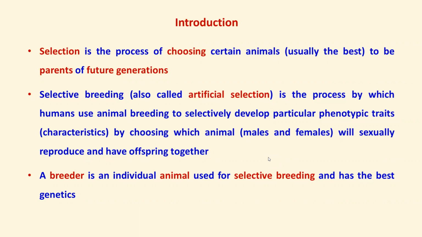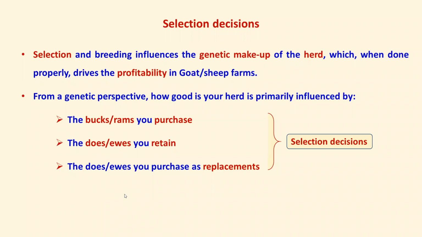In this process, your expectation is that the next generation of offspring will have better performance for those traits. A breeder farm keeps these best performing male and female animals and produces progeny so that you can distribute them to other commercial farms. By subsequent generations of selection, we are trying to improve the trait for which our selection is done.